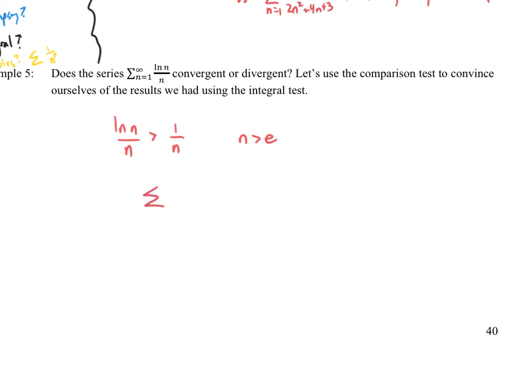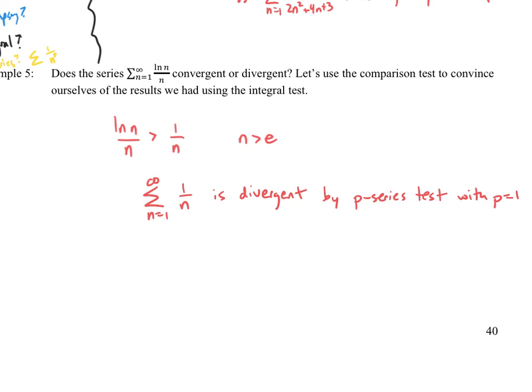Now I mentioned that the series from n is 1 to n is infinity of 1 over n is divergent. And that's true because it's the harmonic series, but we could also say by the p-series, and p is equal to 1 here, which is our restriction for divergence. And so we have a divergent series that is less than another series. So just think about it intuitively.